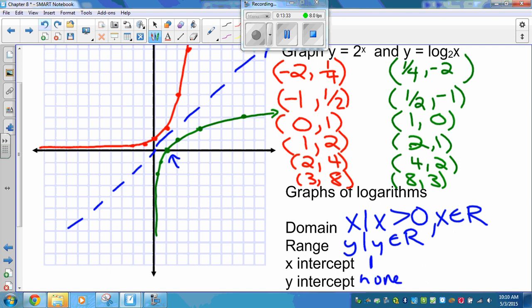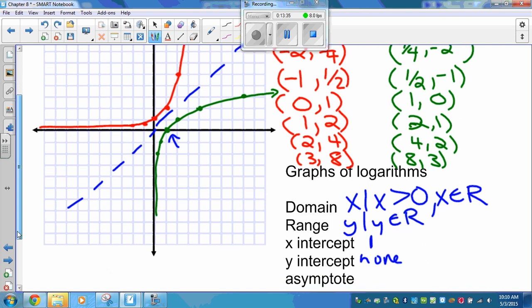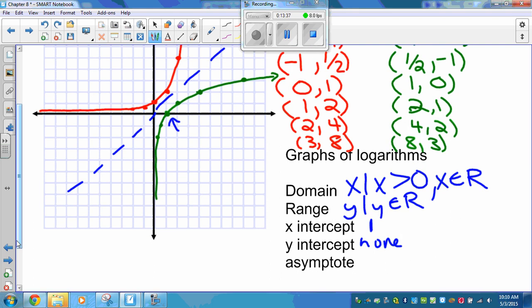And the asymptote, well, it kind of looks like there is a vertical asymptote. It looks like it comes really close to, but doesn't quite touch this right here. This is a vertical line, and that vertical line is x equals 0.